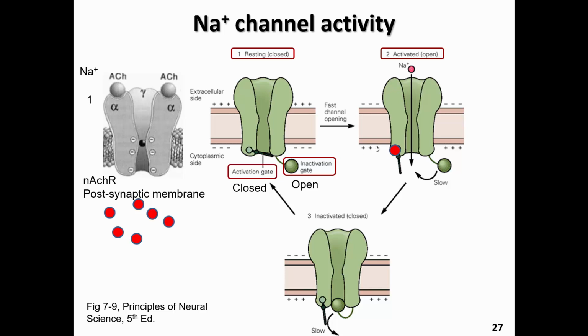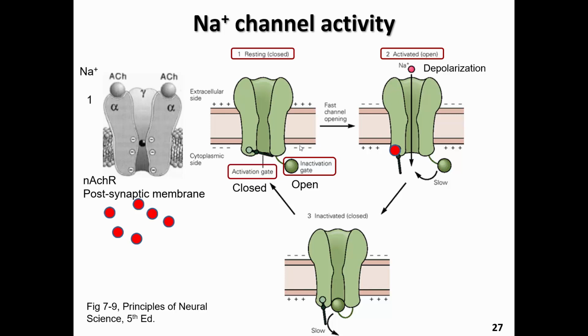Remember the first principle that a small, very small movement of ions to one side or the other will have dramatic effects on the electrical environment. And that will open up a channel which is voltage gated and cause what's called depolarization. So in the resting state, the muscle cell here is polarized on the inside, where it has this negative charge.